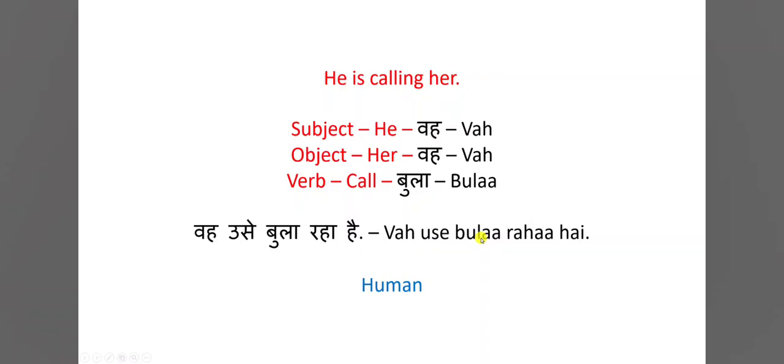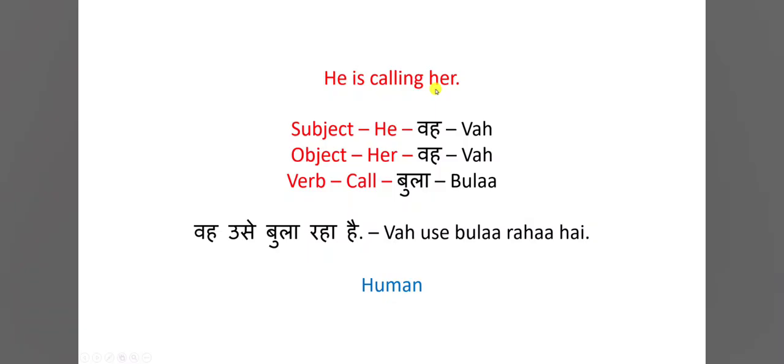Now, whenever we have a human as the object of a sentence, then we need to add the postposition ko to the object. In this sentence, the object is her, which refers to a human.